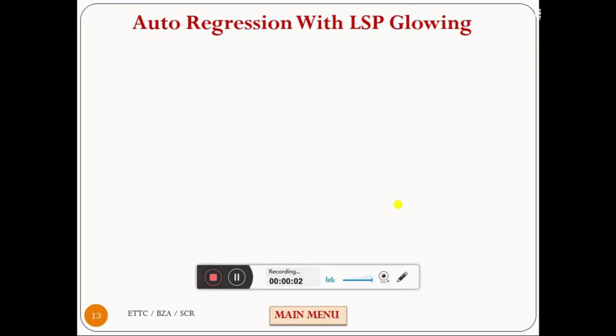Next traction failure is autoregression with LSP glowing.